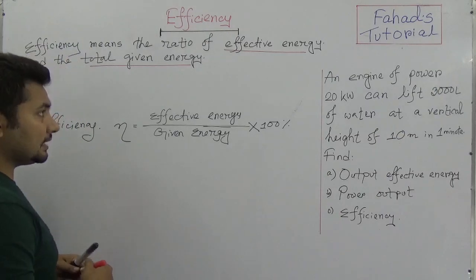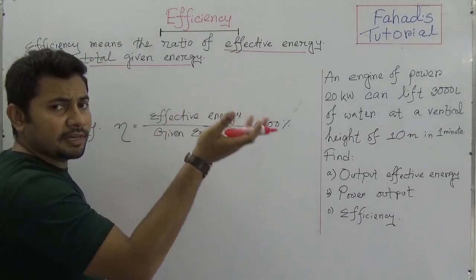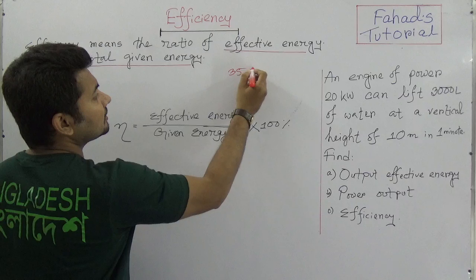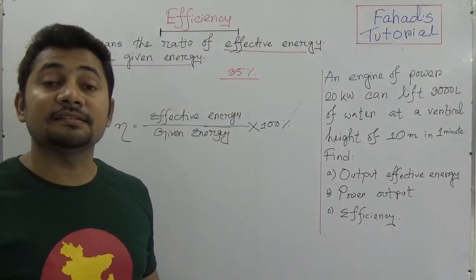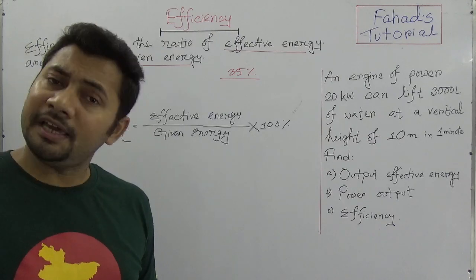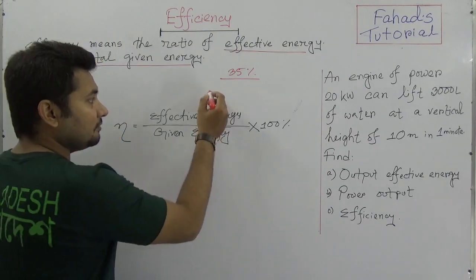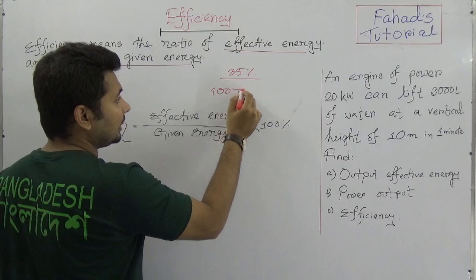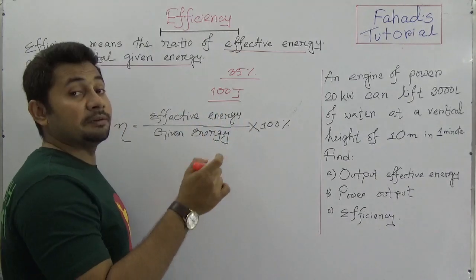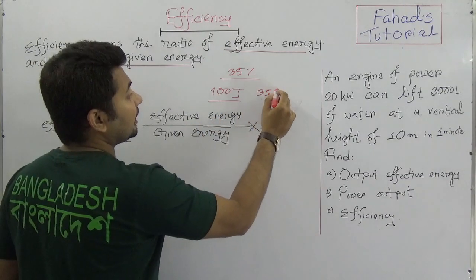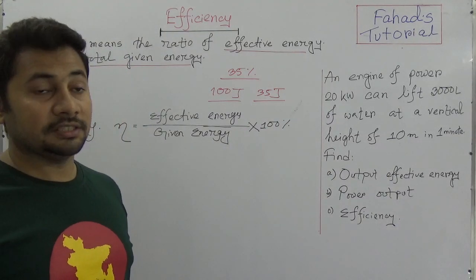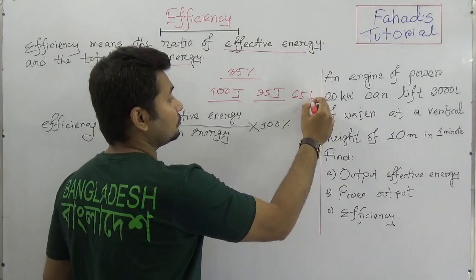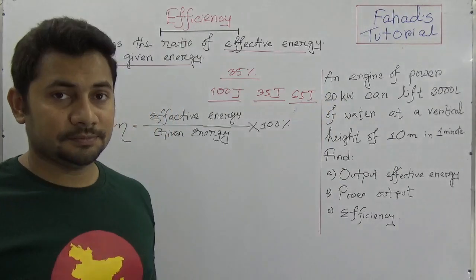Suppose the efficiency of an engine is 35%. It means that if you provide 100 joule of energy to that machine, you will have 35 joule of output from the machine, and 65 joule of energy will be lost.